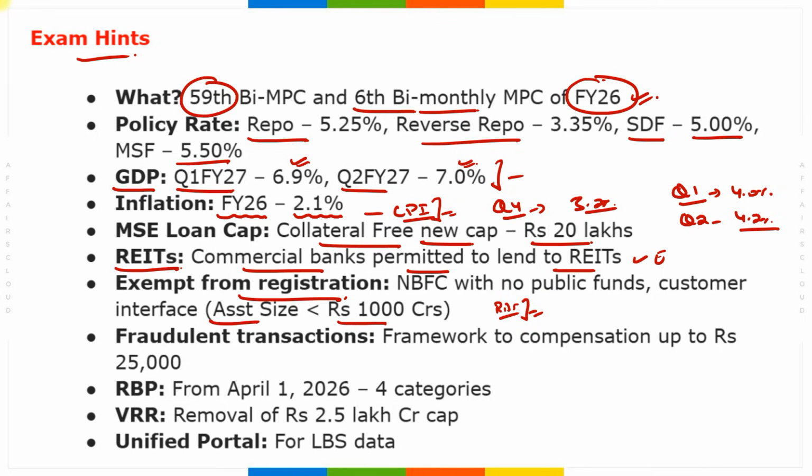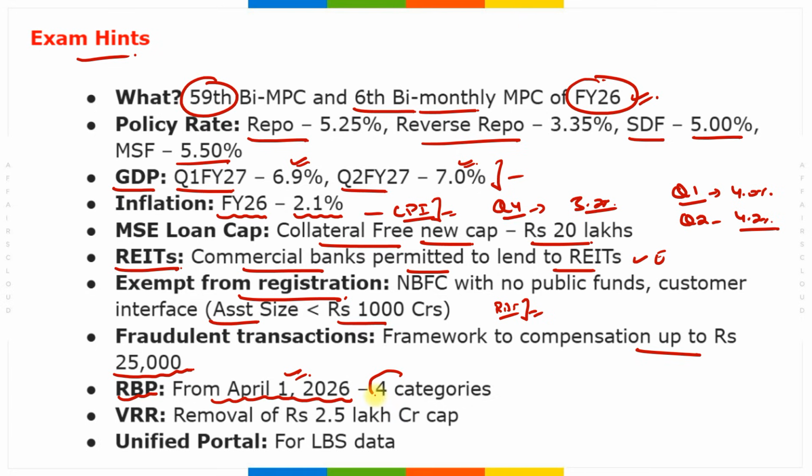Next is fraudulent transactions: a framework to compensate up to rupees 25,000 for losses incurred in small value fraudulent transactions. Next is again a very important factor which is taken care of by the RBI under this monetary policy. This is the risk-based premium framework for deposit insurance, and it will be applicable from 1st of April 2026.